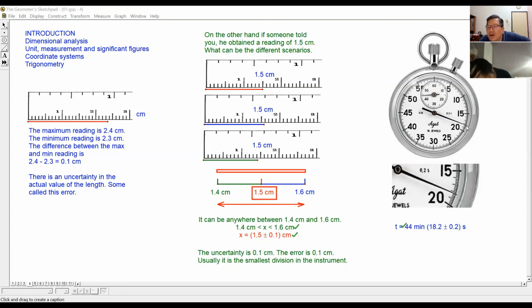Now from the bigger one, how many seconds did you tell me just now? 18.2. What is the uncertainty? Plus or minus 0.2. Why 0.2? Because it is the smallest division here. So it's plus or minus 0.2.